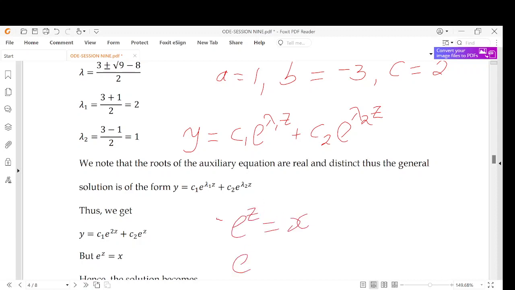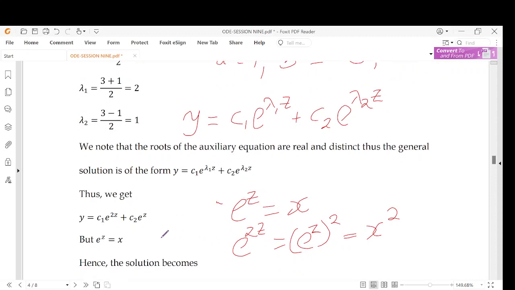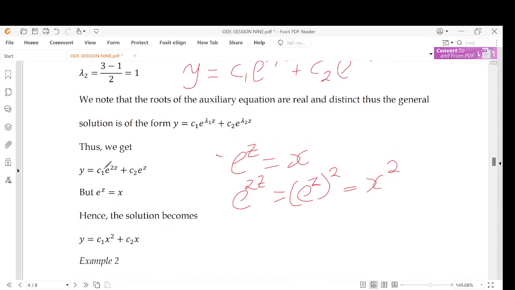So e raised to power 2z, which we can write as e raised to power z, all raised to the power of 2, will be x raised to power 2. So we can now substitute back. Where we have e raised to power 2z, we get x squared. Where we have e raised to power z, we get x. And so we have C1 x squared plus C2 x.